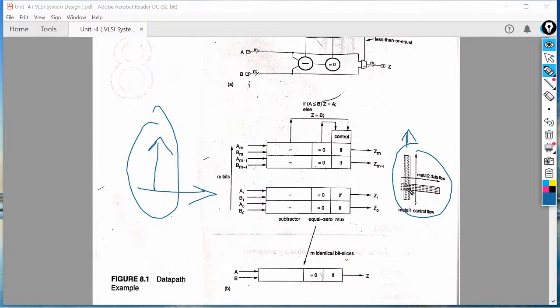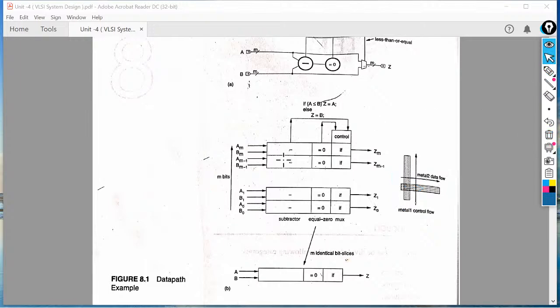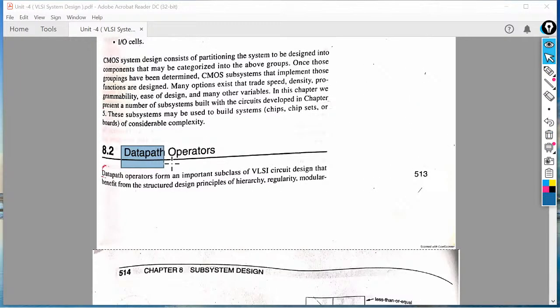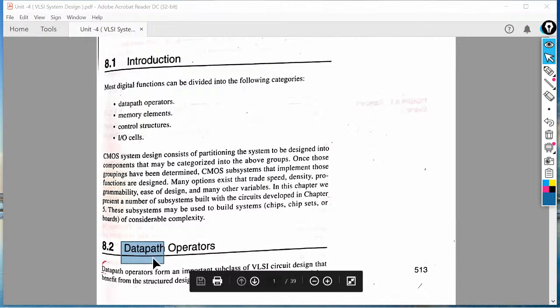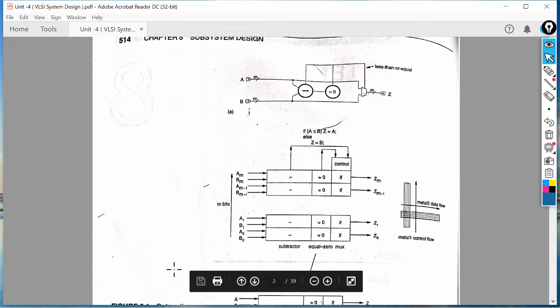Okay, so the operator's direction is horizontal, and the input data stream, or the input bits, run in the vertical direction. So this is the first point: while we design the data path operator or any of these circuits, first we have to frame the routing path.